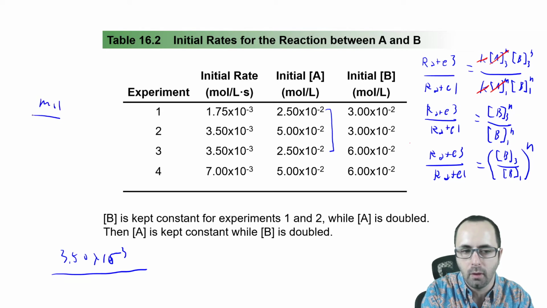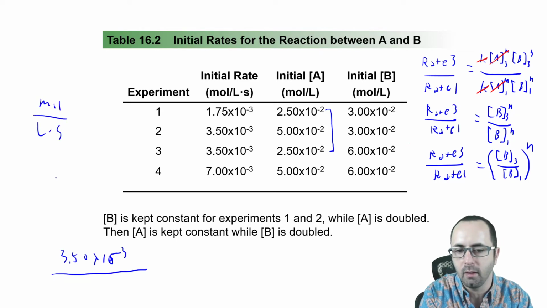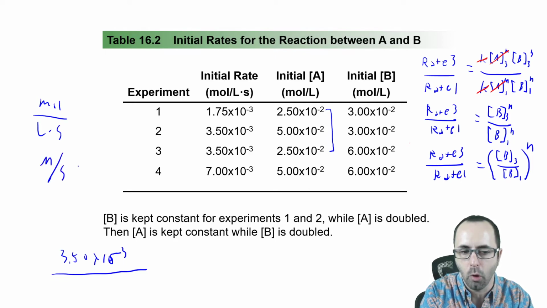Your book writes it like this all the time, but I also want to show you an easier way for your own calculations. If you want to write this as molars per second on your work, that's totally fine with me. When I'm not trying to be consistent with the book, I write this as molars per second all the time. I think it's just easier because moles per liter is molar.